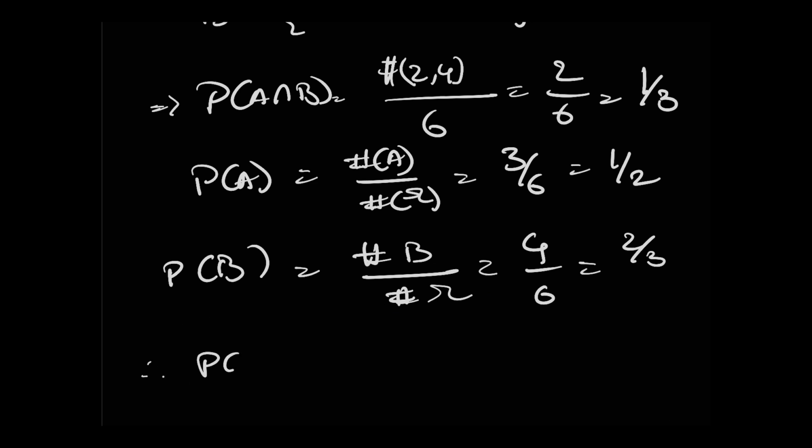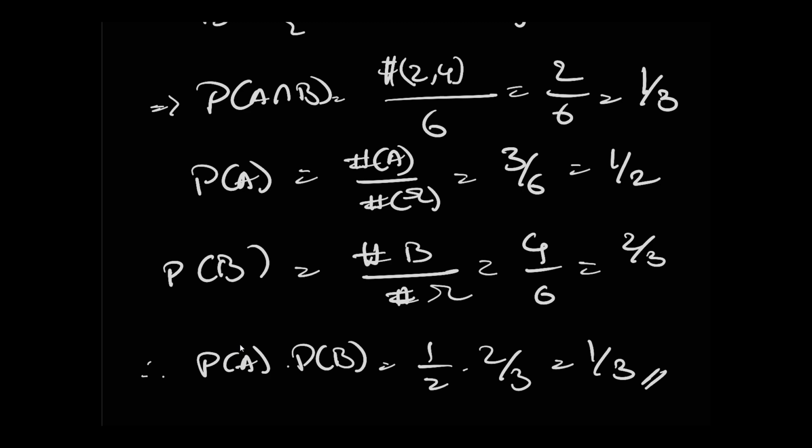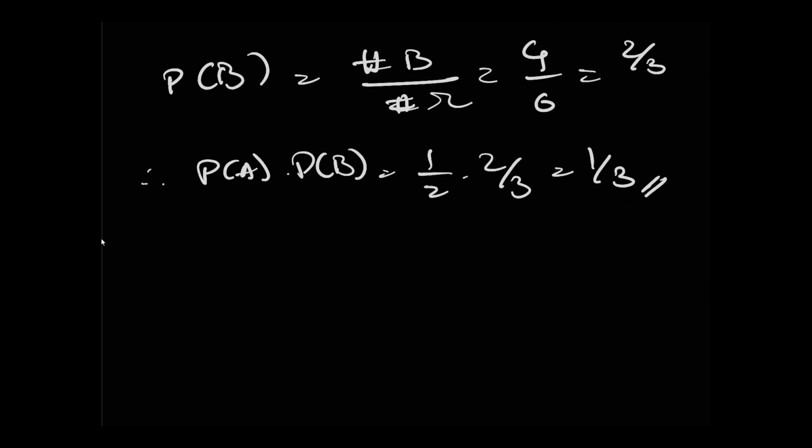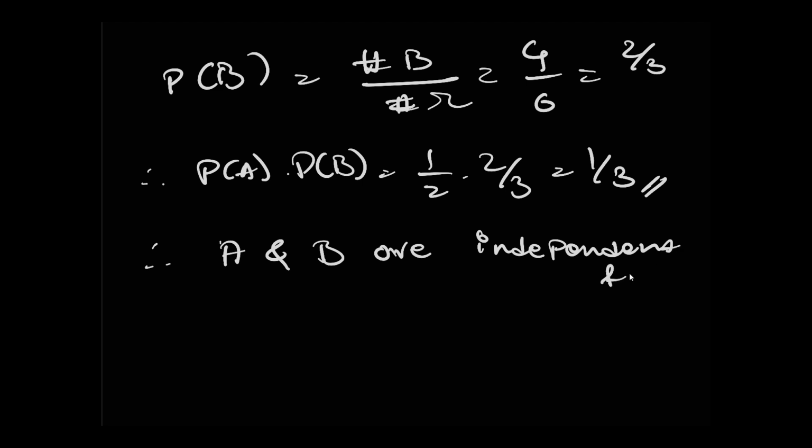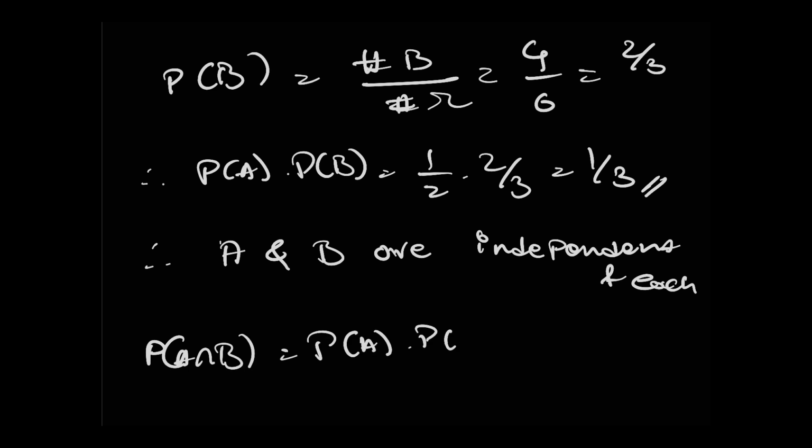Therefore, P of A into P of B equals 1 by 2 into 2 by 3, that is 1 by 3. Therefore, events A and B are independent of each other, since P of A intersection B equals P of A into P of B.